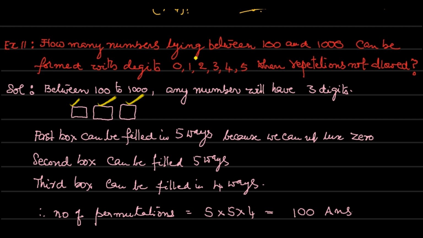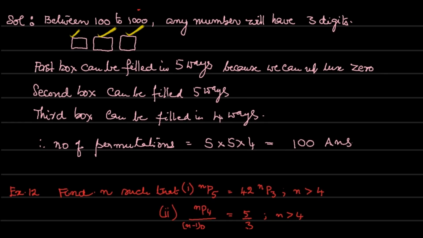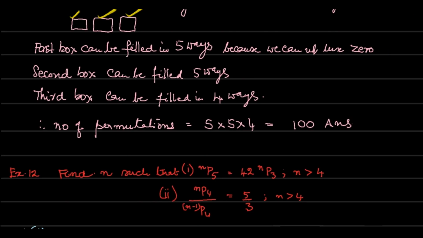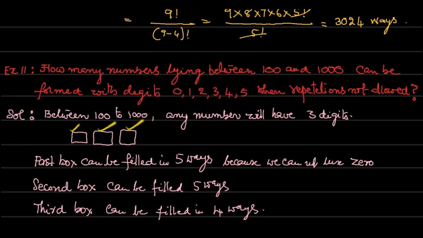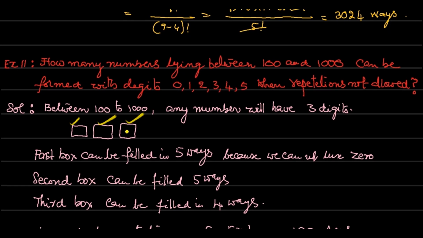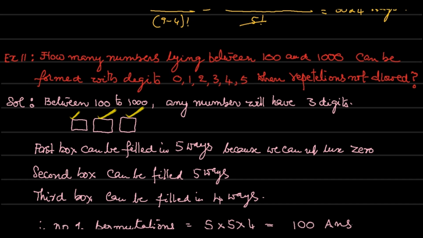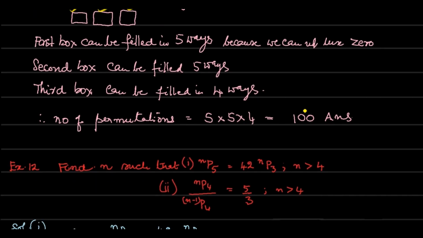Third, you can put in 4 ways, because one more number is missing out of 6. One number is put in the first place, and one in the second, so there will be 4 left. So 5 ways, 5 ways, 4 ways. This 5 is because 0 is neglected in the first place. So 5 times 5 times 4 is the answer, 100.